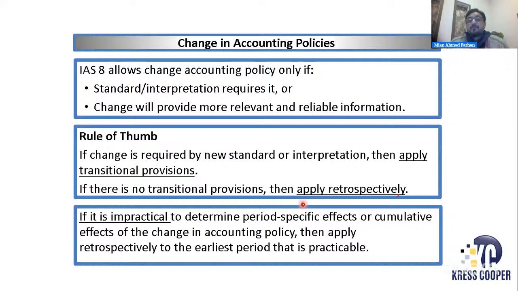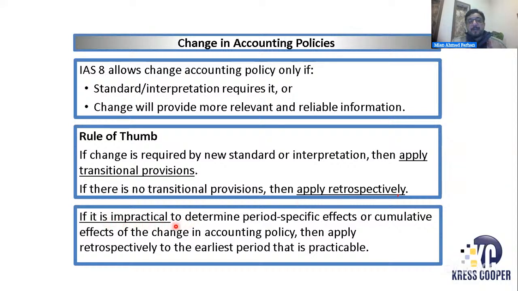So if the accountants prove that it is not practically possible to dig out the past, certain basic information is not available, then the standard allows us to go to that extent till the date it is practically possible, and from that date onwards give the retrospective application of the change in accounting policy and give a disclosure that it was done because of something which was not practically possible.